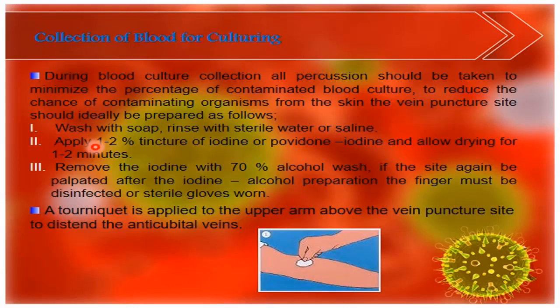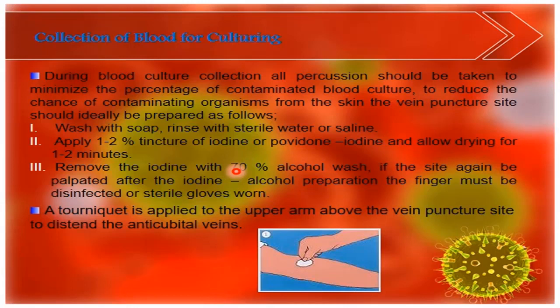Second, apply 1 to 10% tincture of iodine or povidone iodine and allow it to dry for 1 to 2 minutes. After that we remove the iodine and apply 70% alcohol. Why 70% and not absolute alcohol? Because 70% is a lipid solvent and protein denaturant.